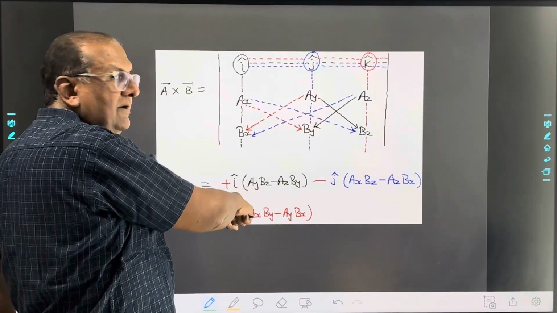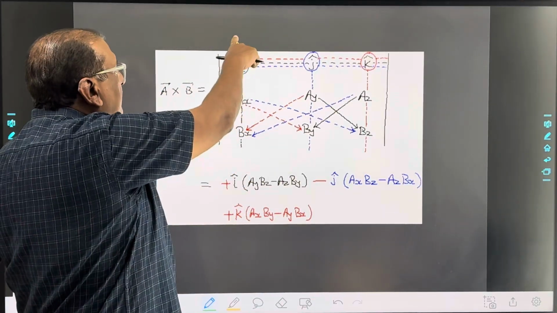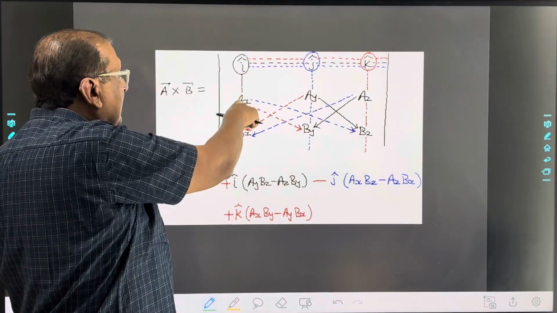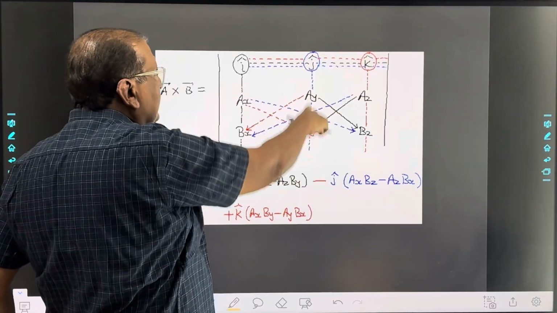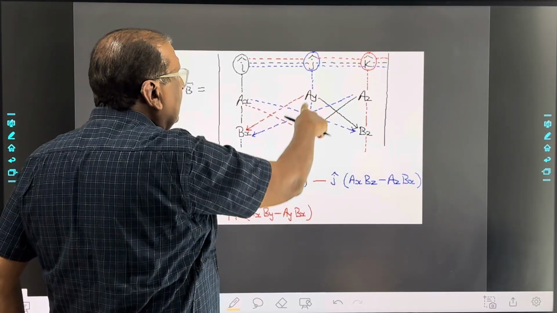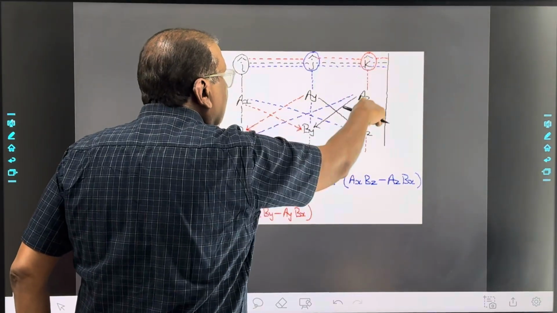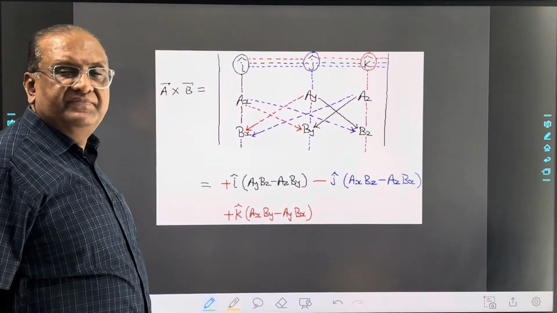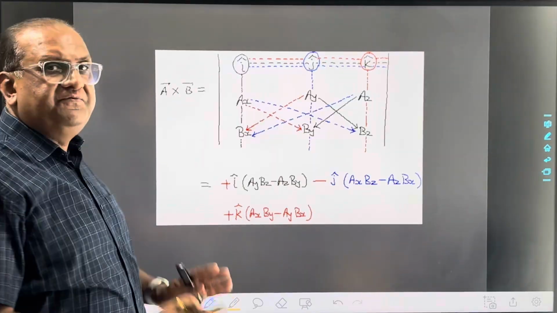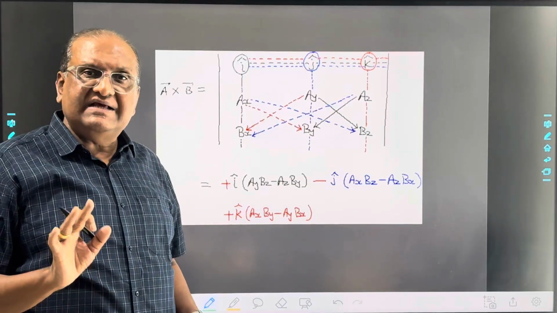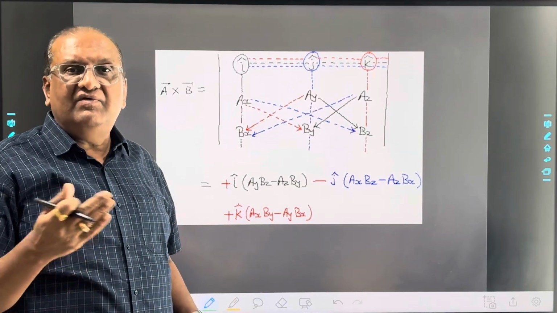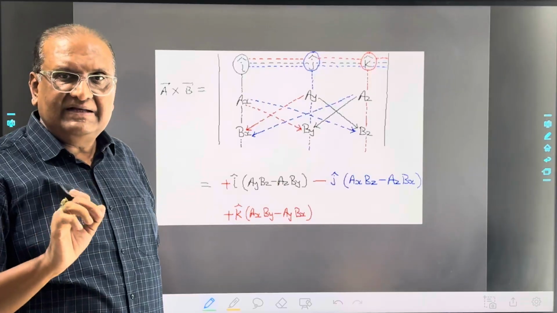This one is the column. So components of the first column are I caret AX BX, for second column J caret AY BY, then for third column K caret AZ BZ. Now first forget about sign. Later on we will discuss the sign plus minus.